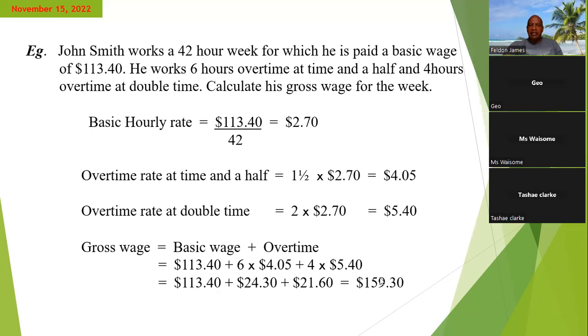And when you do that calculation, for the 6 hours, you would have made $24.30. For the 4 hours, he would have made $21.60. When you add up all of those, he would have made for that week $159.30. Let me see the answer of those who got that answer.